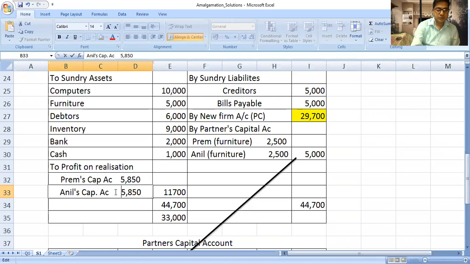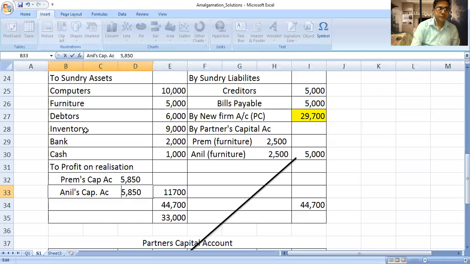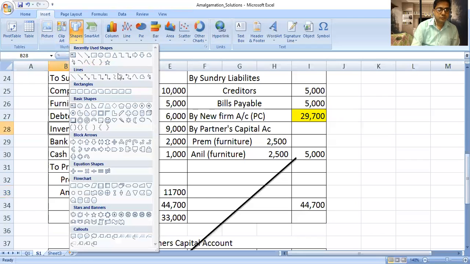Friends, they got this particular profit. So these things you have to keep in mind.